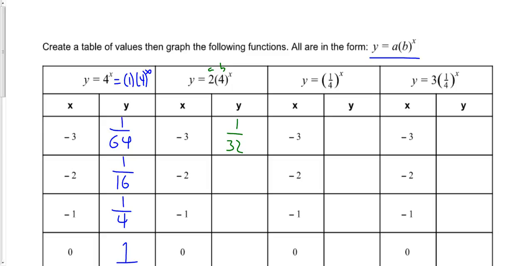Then I'm going to do the same thing over here: 2 times 4 raised to the exponent negative 2. That's going to give me 1 over 8.